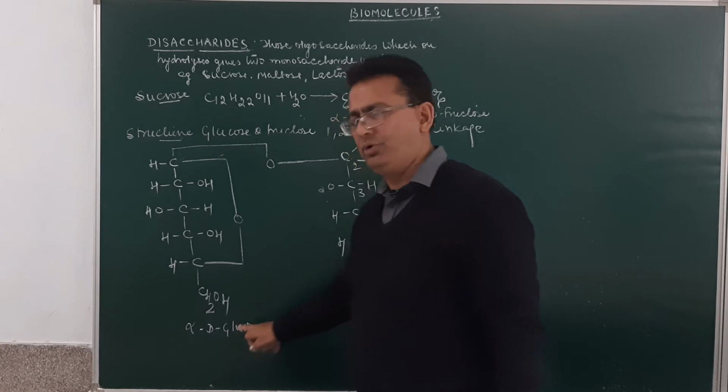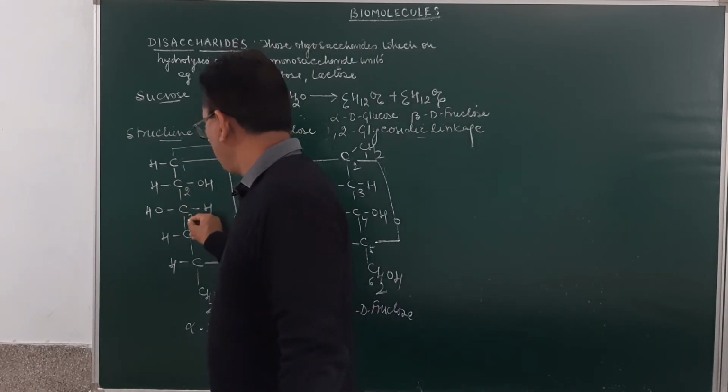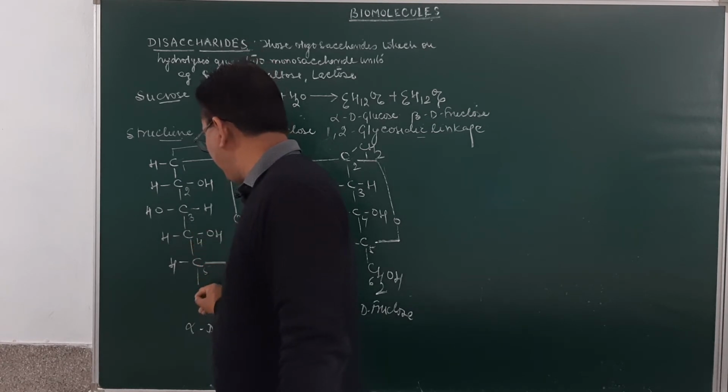The OH group over here was toward the right, and over here toward the left. So this is alpha-D, this is beta-D. This is carbon number 1, 2, 3, 4, 5 and 6.